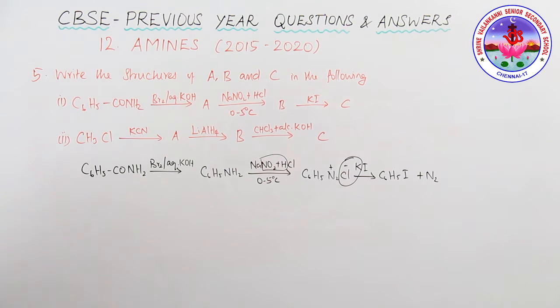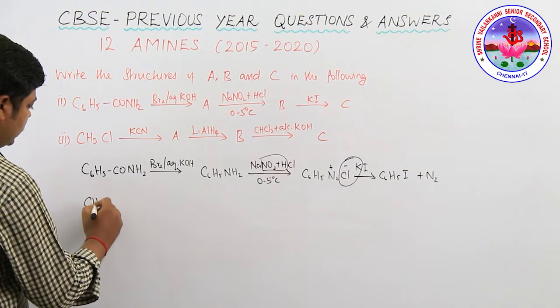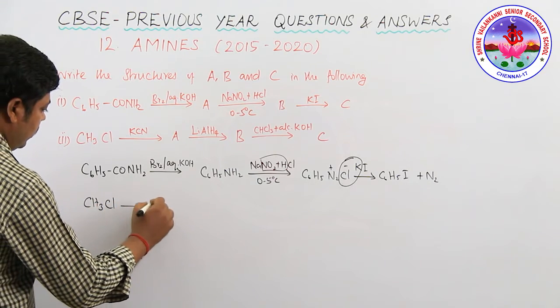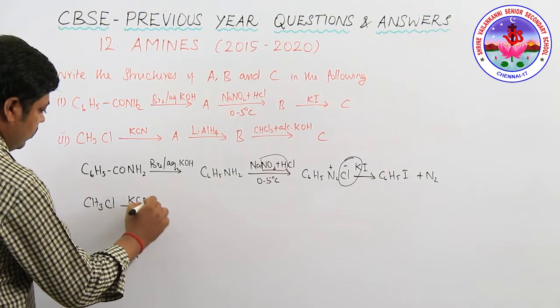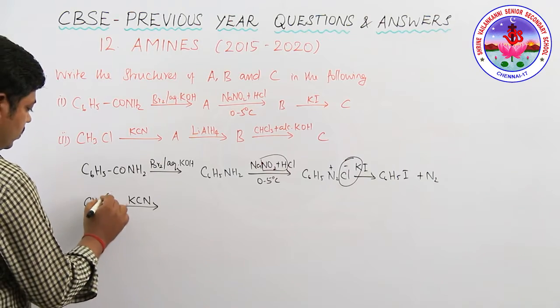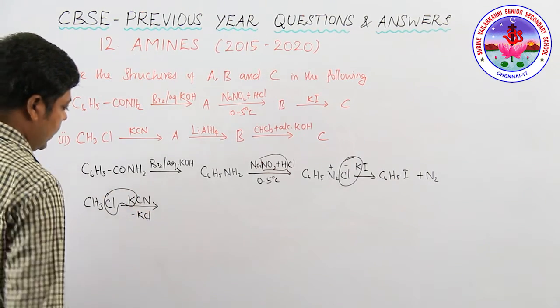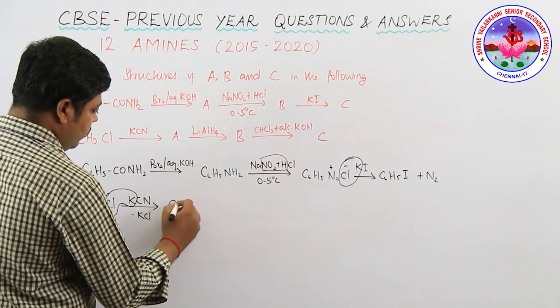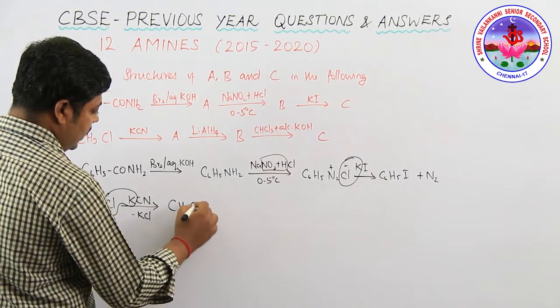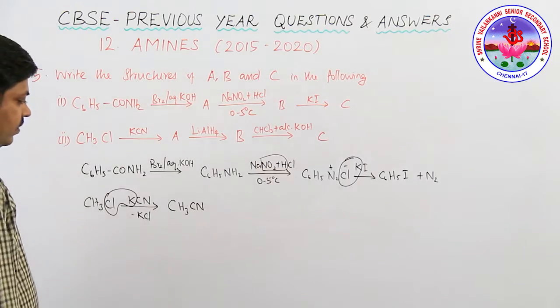Then the second reaction: CH3Cl reacts with KCN. So what happens? KCl is removed to form CH3CN. This is methyl cyanide.